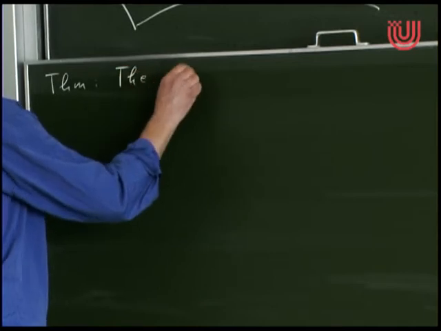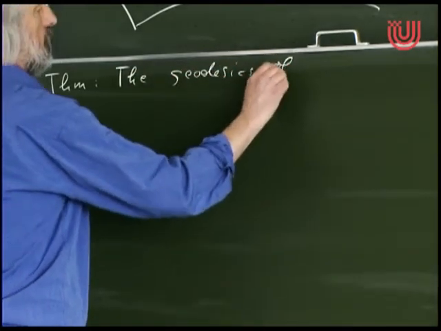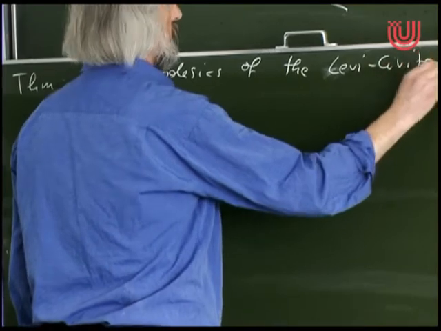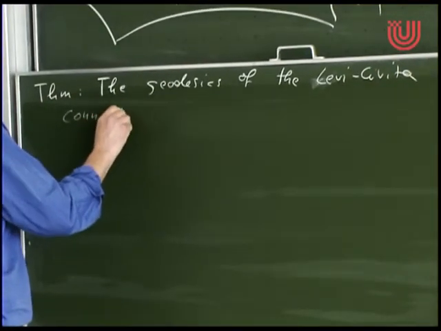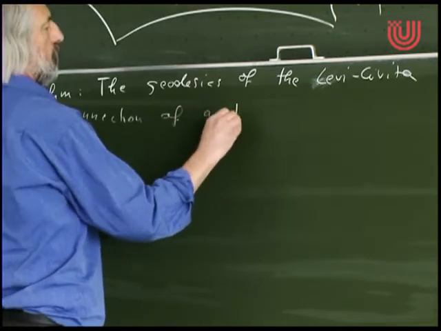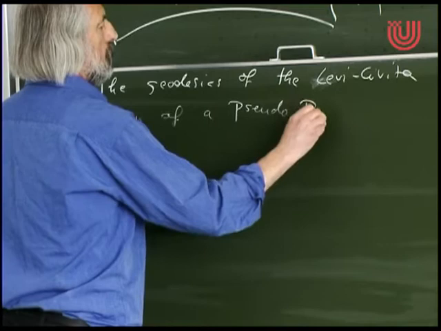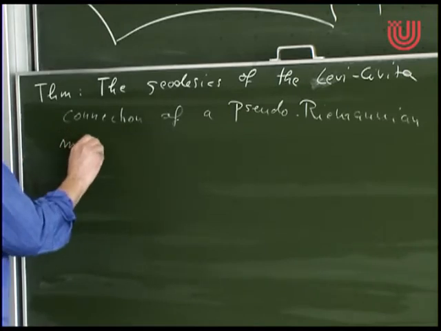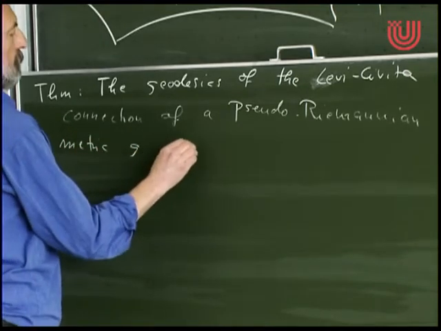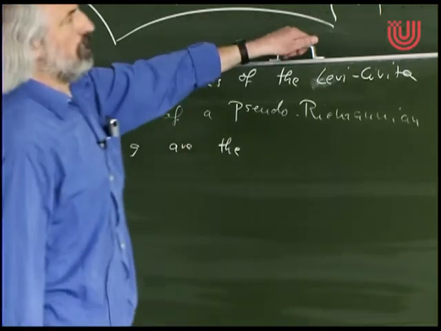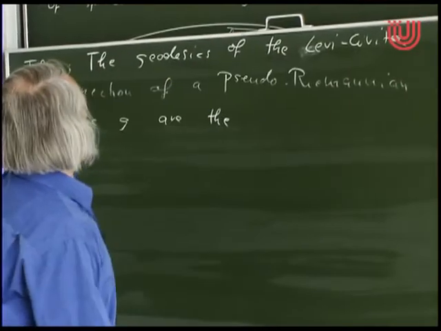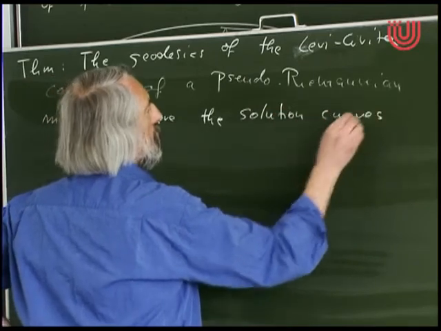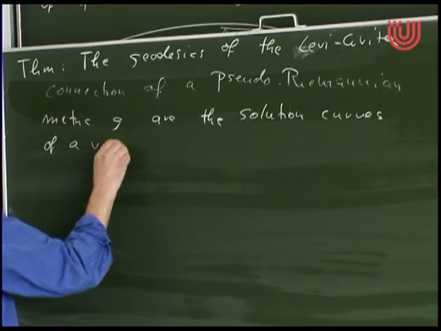My claim is the geodesics of the Levi-Civita connection of a pseudo-Riemannian metric G are the solution curves of a variational problem.